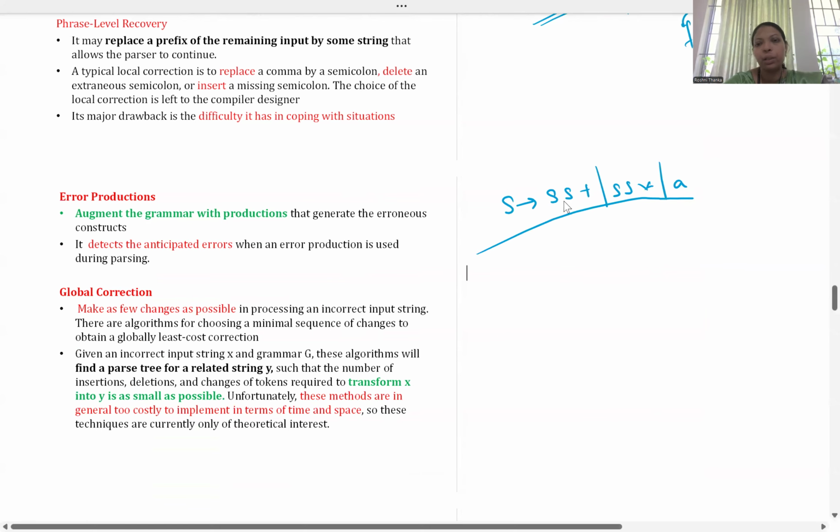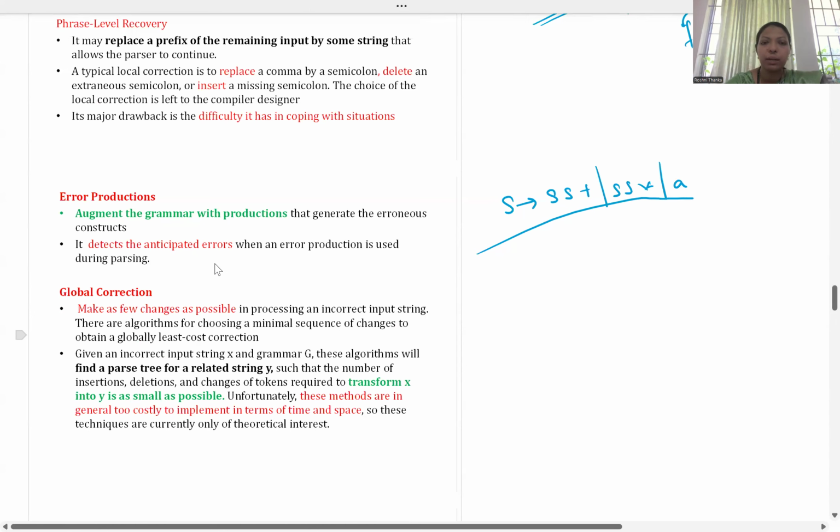If it cannot follow this rule and cannot recover from that, it will add one particular production to this rule, and then check whether it can find the error. It will augment the grammar with an error production, and then check whether it can recover from it.